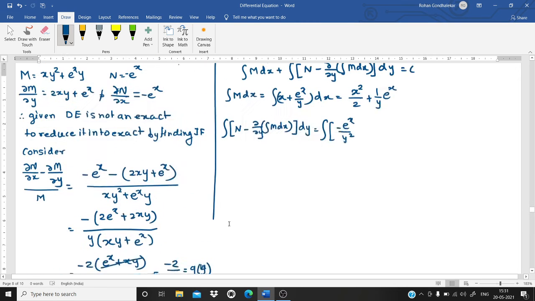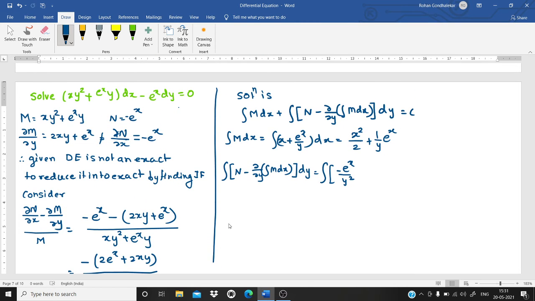Minus e raised to x upon y square minus del by del y of x square by 2 plus 1 upon y e raised to x, integration with respect to y. So what happens with this? Integral of minus e raised to x upon y square, then minus del by del y of x square by 2. In x square by 2 there is no y, hence the derivative will be 0, minus del by del y of e raised to x upon y.